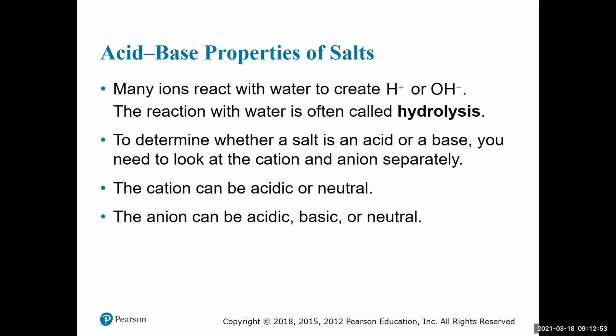So we'll go over in a little bit rules governing the cations and anions, which give us a feel for how the particular ones are going to interact with water in this hydrolysis environment.